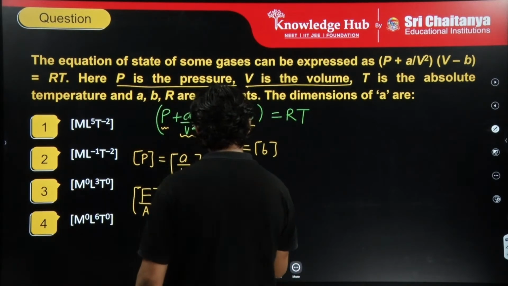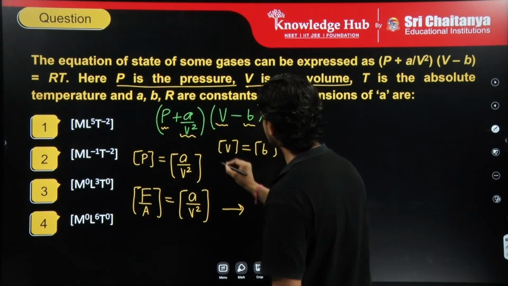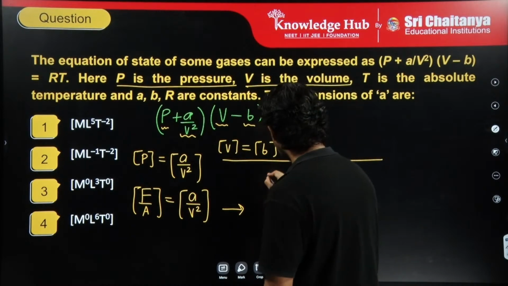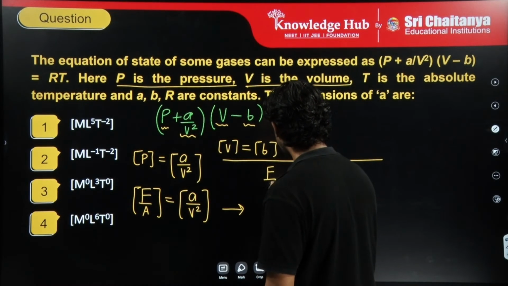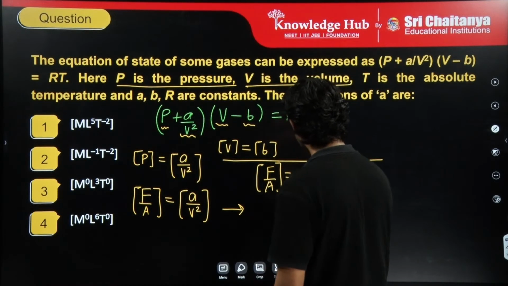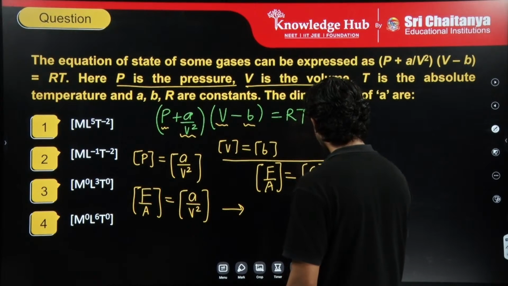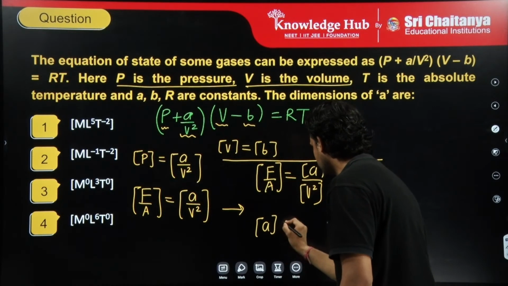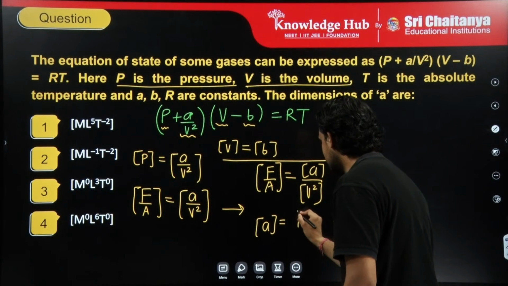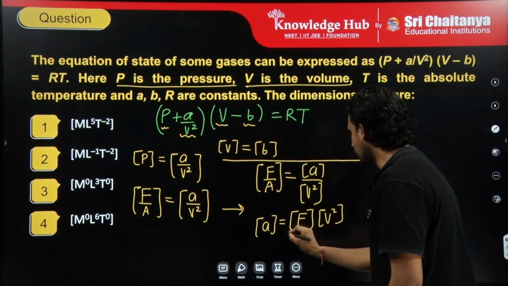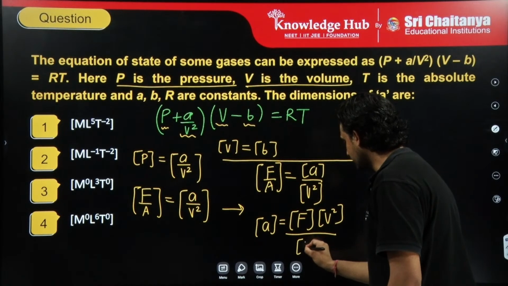From here I can say that the dimension of force upon the dimension of area is equal to the dimension of A upon the dimension of V square. So the dimension of A will be equal to the dimension of force times the dimension of V square upon the dimension of area.